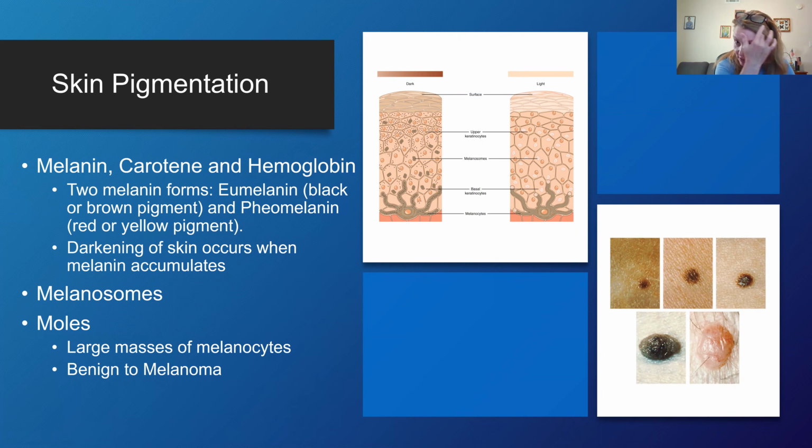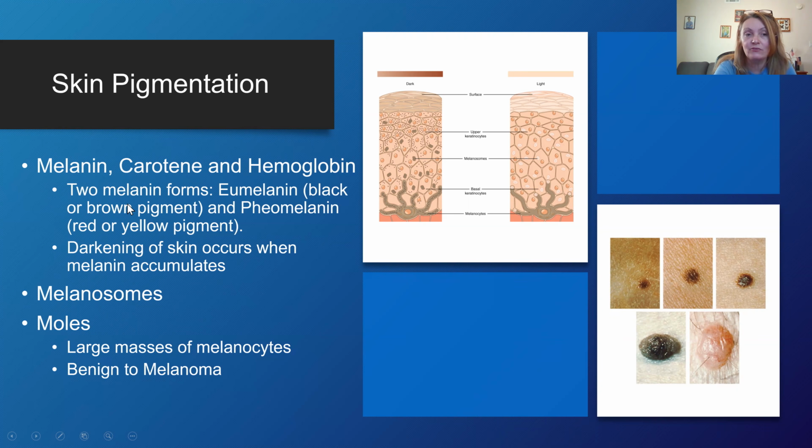Hemoglobin is found in red blood cells, right? So somebody's skin is kind of pinkish, and that might be because of lots of superficial blood vessels, and hemoglobin is pink or red, so that gives us a pinkish appearance. Keratin you get from your diet. But the major pigment that affects your skin color is melanin.